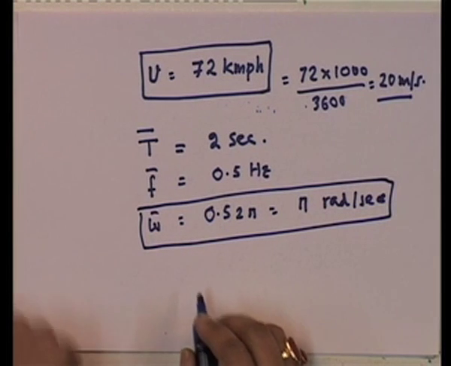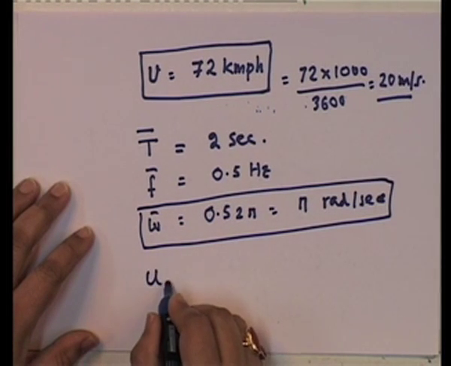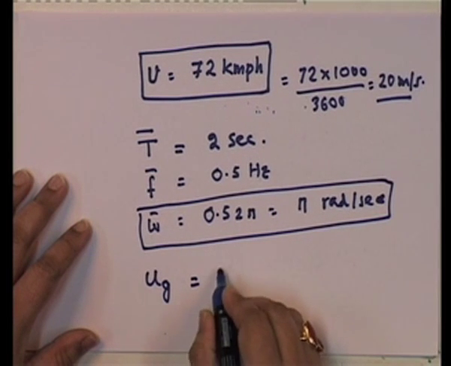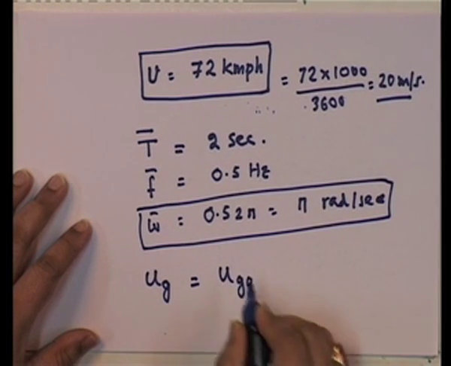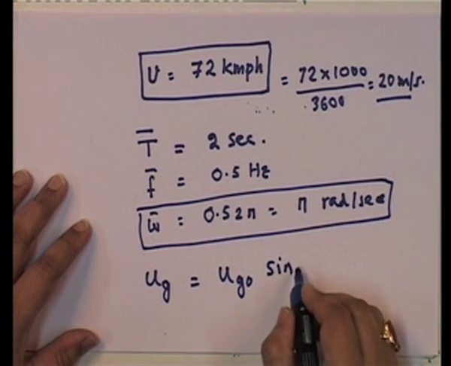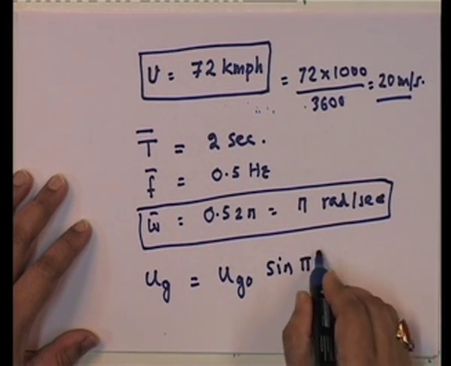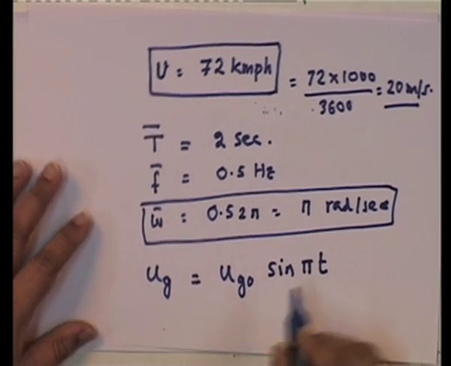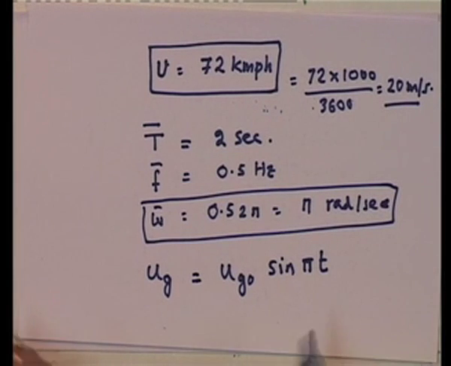So, I can now say that this u_g can be written as u_g0 into sine pi t. Is that okay? So, now this is the displacement.